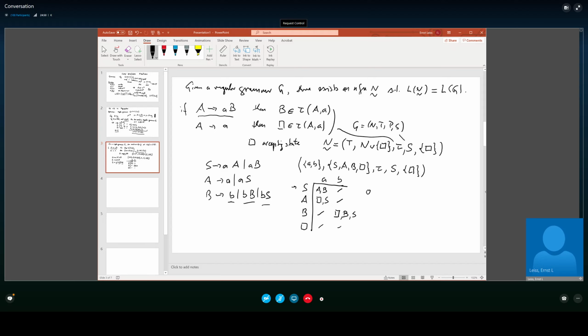And so if you want to write this down completely, then you have the square as the accepting state, and the rest are rejecting. So that shows you that given a regular grammar, you can always find a non-deterministic finite automaton.